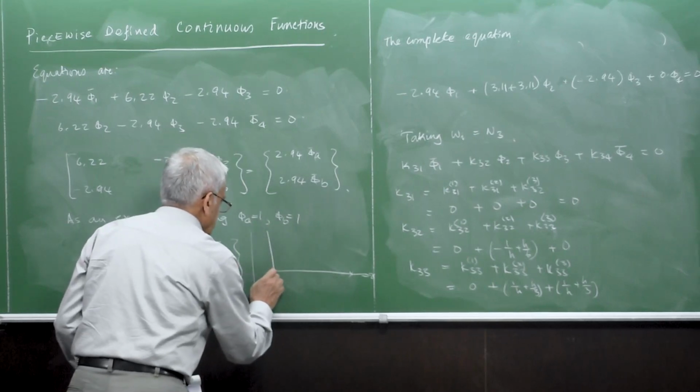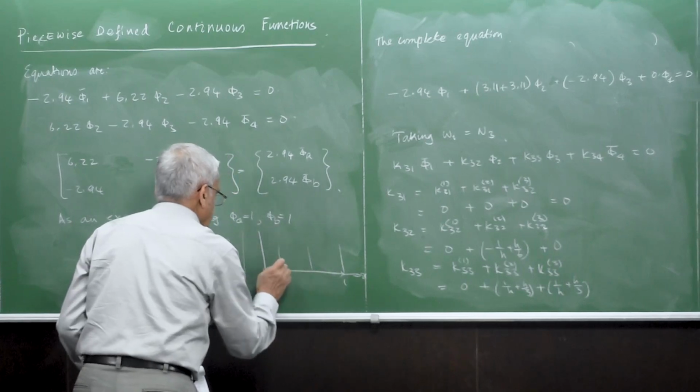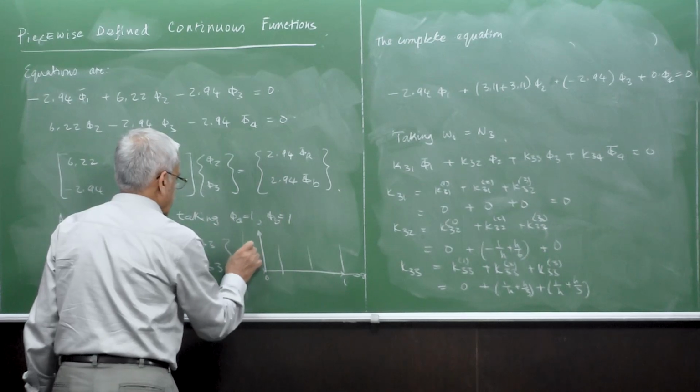The final solution, this is 0 and 1. So what we have here is full phi hat.